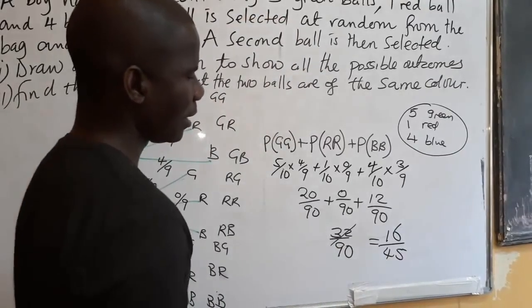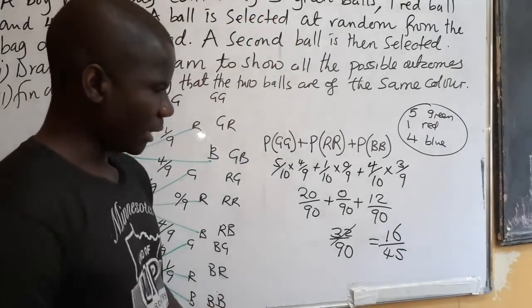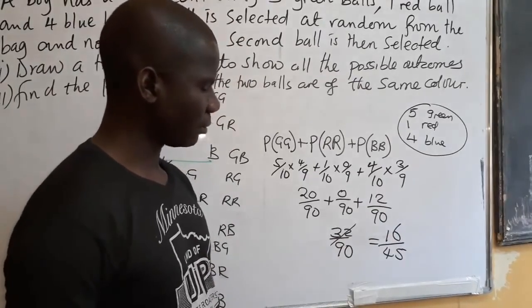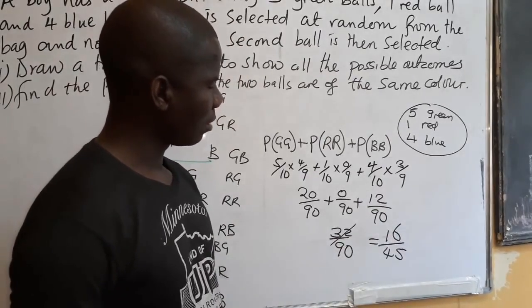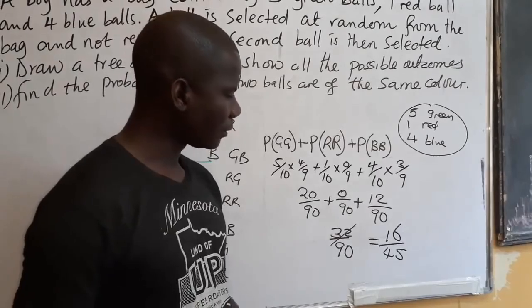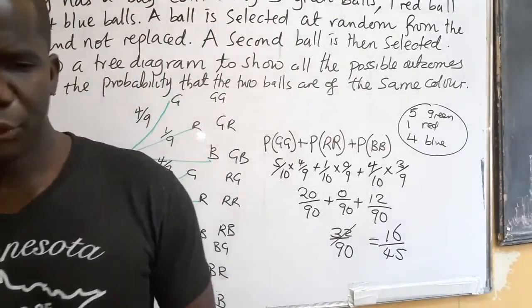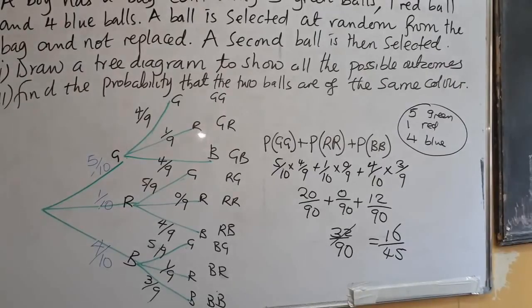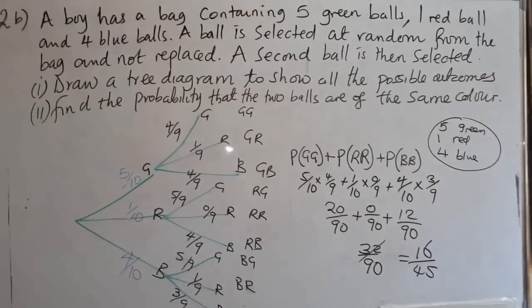Okay? Do we have a number that can go into both 16 and 45? I can't think of one. What about you? So I think that is what is going to be our final answer there.